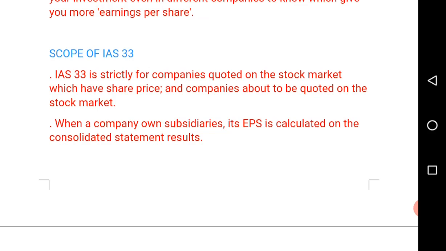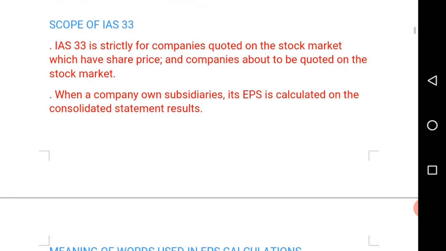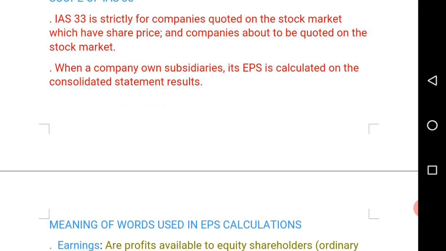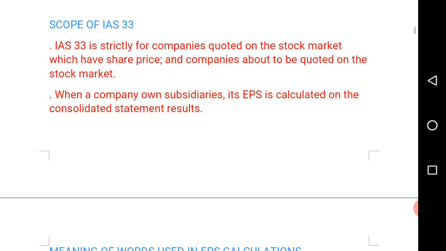It could be 51% and above, 51% to whatever percent higher than that. While an associate has lower but significantly more than others, we would do that in treating consolidated statements, but right now here we are concerned with IAS 33.